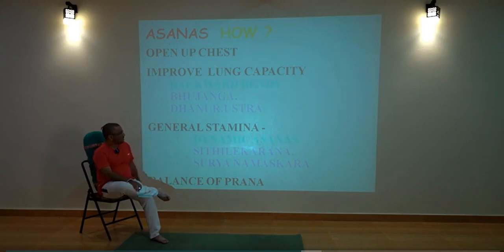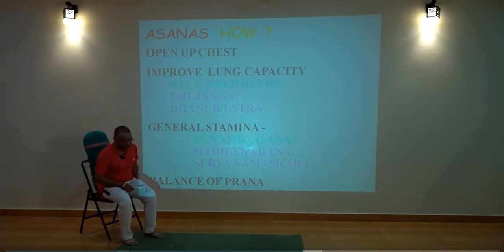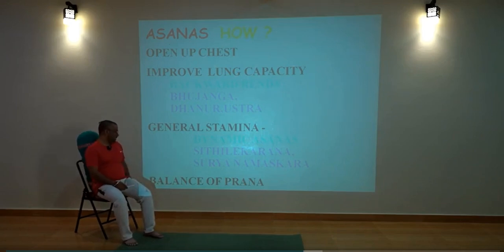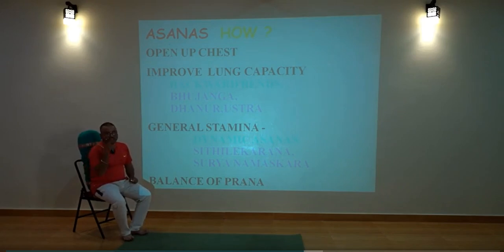General stamina, if you have to maintain it, we can use some dynamic asanas, Sithil Karna and Surya Namaskara. Sithil Karna we talked about as more static poses, Surya Namaskara we can use, and balance of prana. So it ultimately leads to the balance of prana, the balance of your energy.